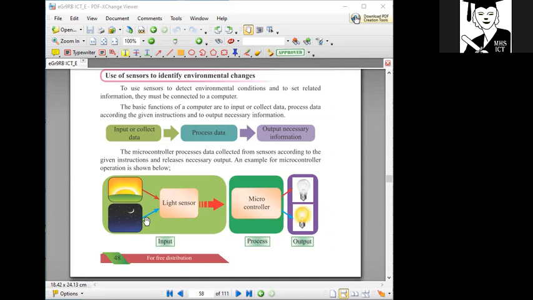It's night or day. So we are giving instructions to the sensor. If the time is at this level, you consider it as night. If the time is at this level, you consider it as day.